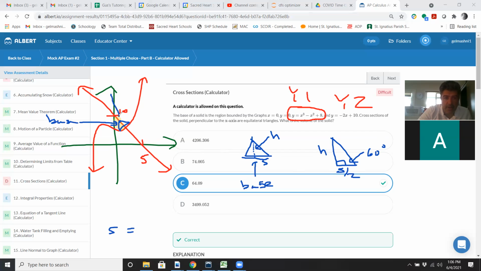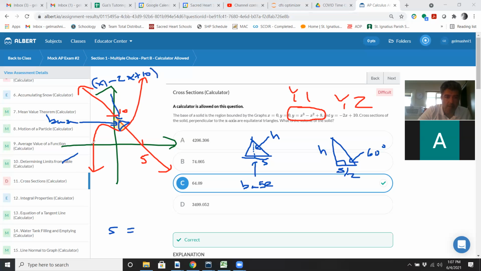So you could actually find this endpoint here of that base, which is going to be x comma negative 2x plus 10, because the y value on the line is determined by the negative 2x plus 10 expression, right? That's the expression that determines that y value.